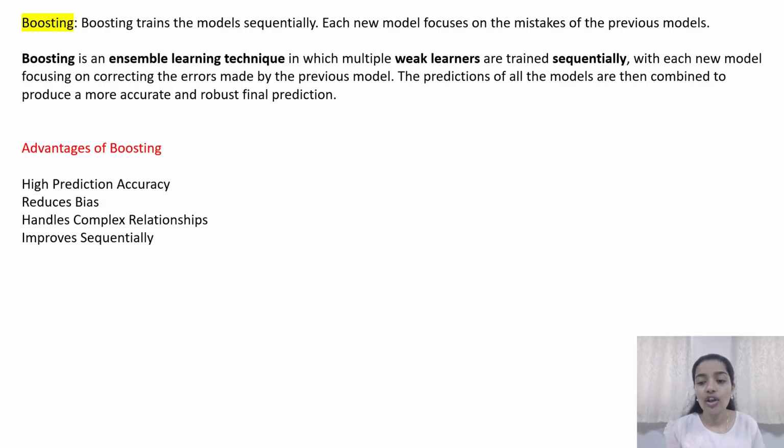and improves sequentially. In bagging, all the models run in parallel, or perform training in parallel. So it may happen that two different models make the same mistakes or the same errors, whereas in boosting that does not happen, because one model focuses on the previous model's error.